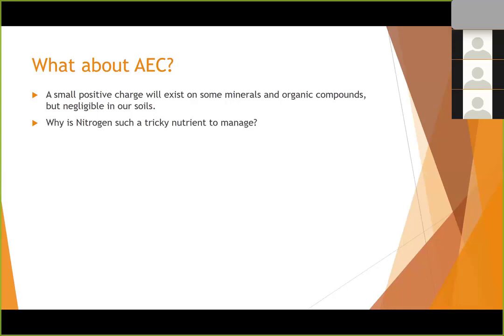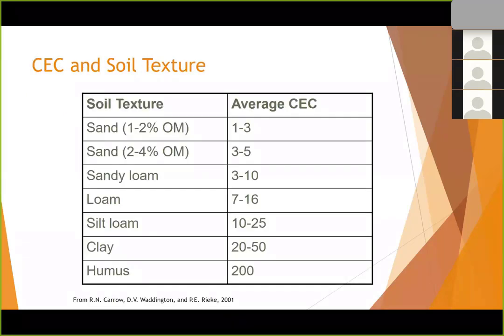And we have a significant issue with that in parts of the state because of that simple fact. Nitrogen is a very hard nutrient to manage. And so we have to kind of change the way we think when we do manage with nitrogen. And we'll talk about that as we keep going as well.